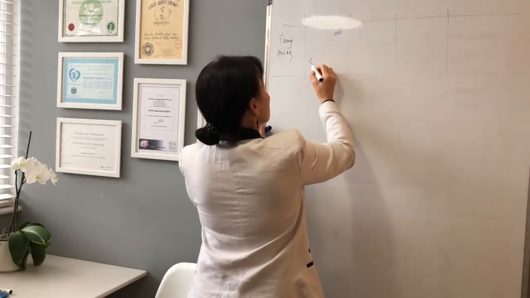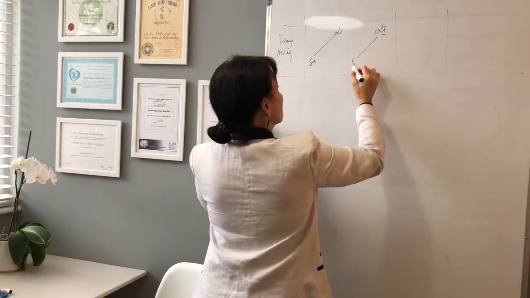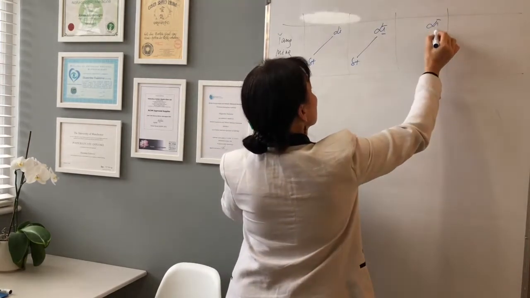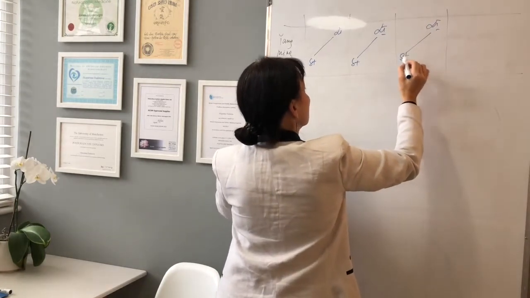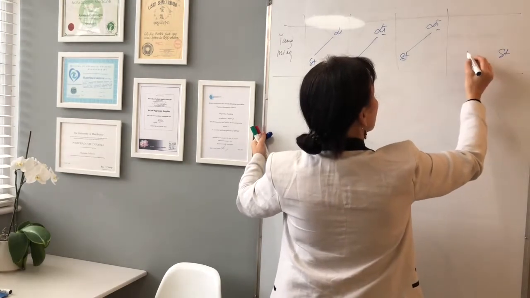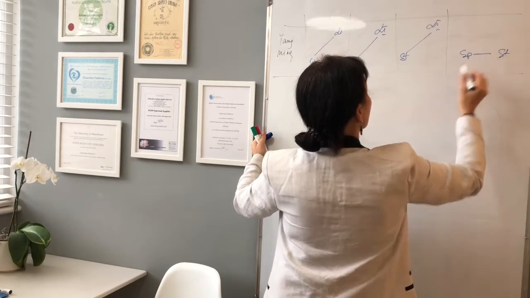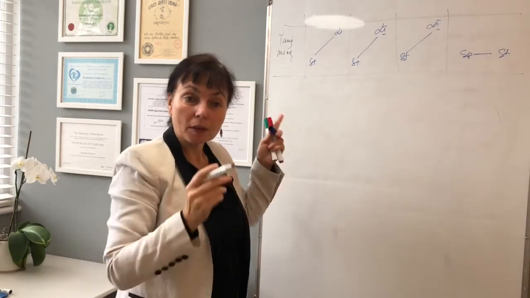Large intestine, stomach, large intestine, stomach, large intestine, stomach. And here we had stomach and only stomach. And here will be spleen. All of them are Yang Ming.